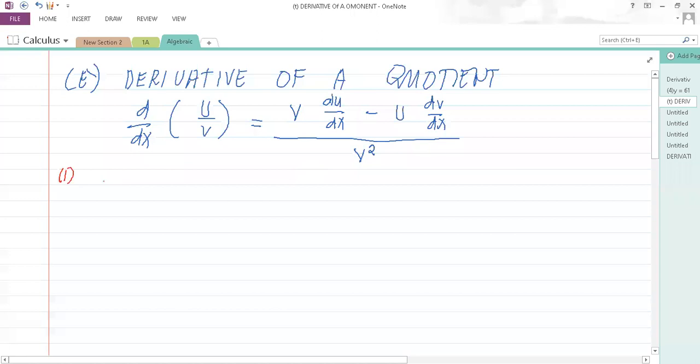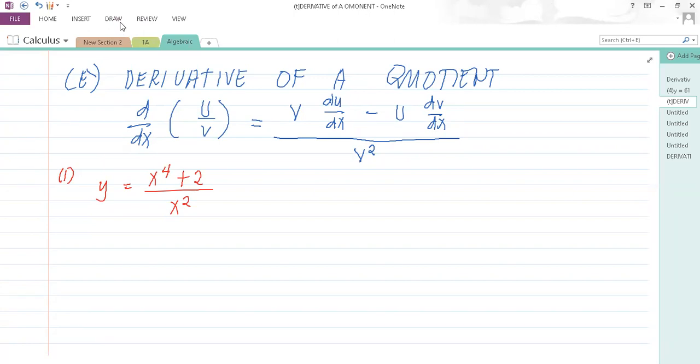Okay, so say, okay, so that one. Okay, so we have to differentiate the given equation. Okay, so using the derivative of a quotient. Okay, so we have the numerator that is x raised to 4 plus 2 and our denominator that is x raised to 2.